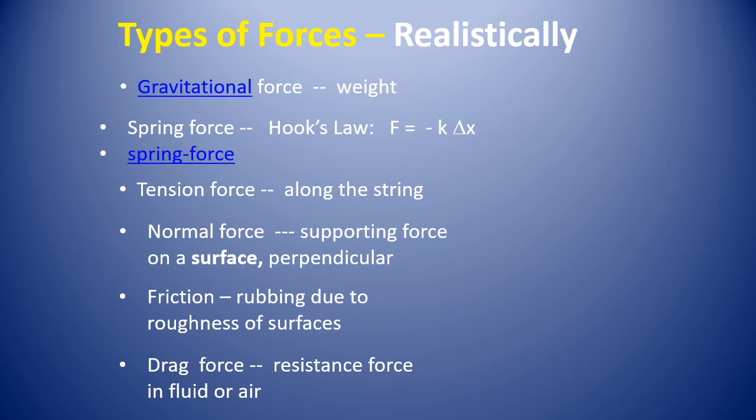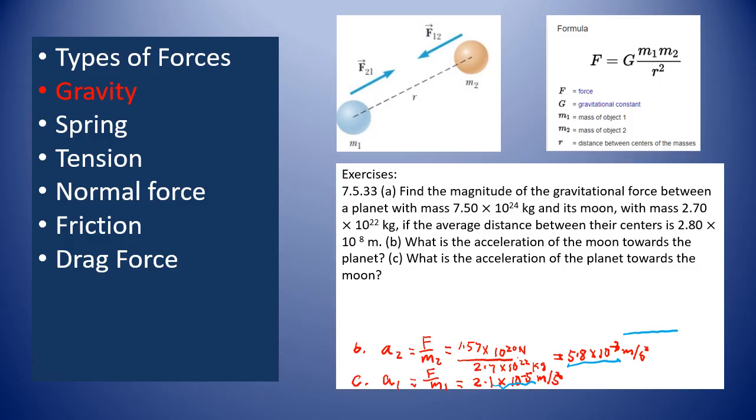Then we will have some exercises to deal with all these different types of forces one by one. Now let's solve a few problems dealing with the gravitational force between two objects. Newton discovered that there is an attraction force between any two objects in the universe, and the attraction force is along the line between the two objects, and is proportional to the mass product of these two, and the force becomes weaker with distance.